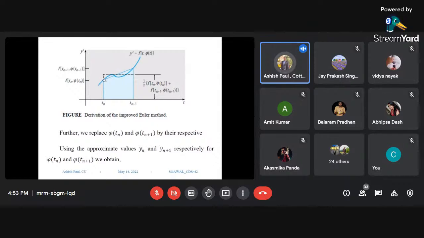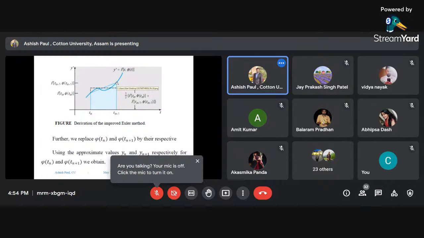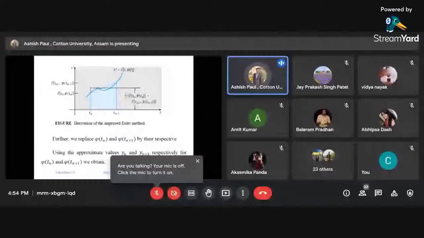Now, in Euler's method, what we did was take the tangent at this particular point and take the solution touching the tangent line. But in this improved Euler method, first of all, from the initial point t naught, we obtain the value t1, y1, and then at t1, y1, we again draw another tangent.